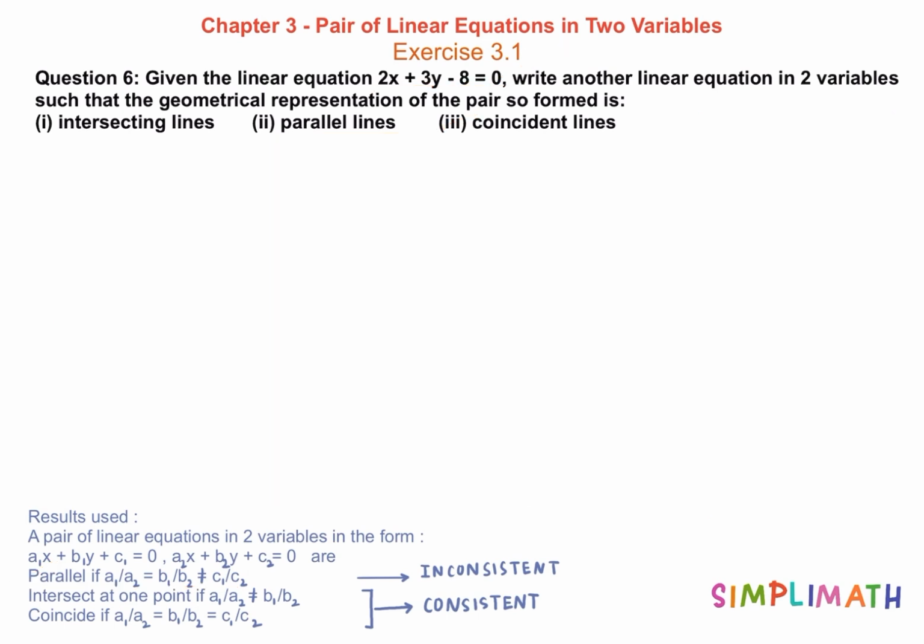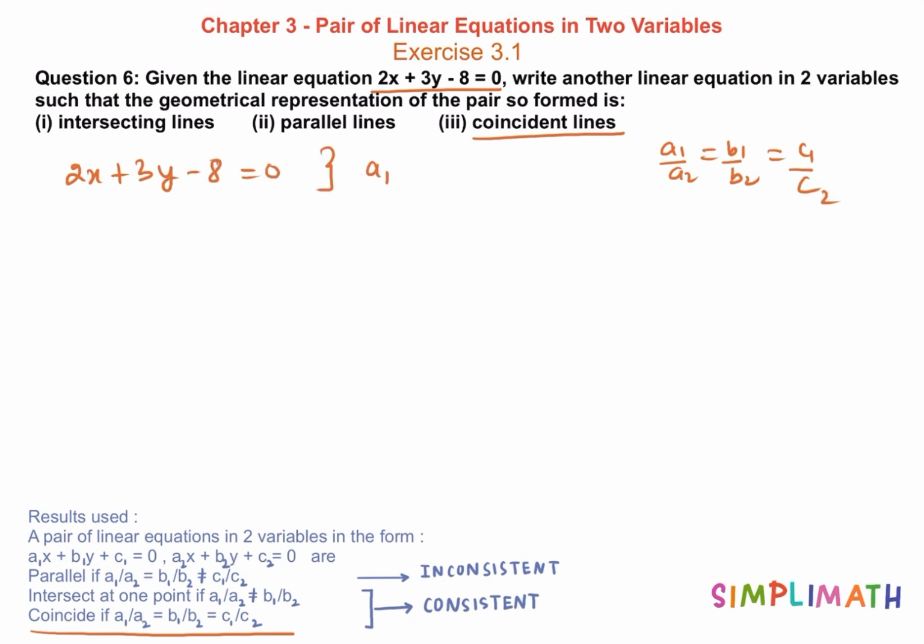Now in the third part we have to find a linear equation which is coincident to this linear equation. So when the lines are coincident, this condition is satisfied, that is a1 by a2 equals b1 by b2 equals c1 by c2, right? Now we are given this equation.